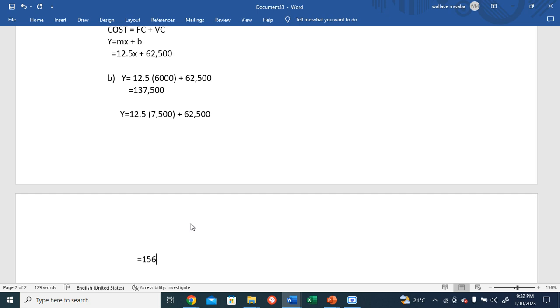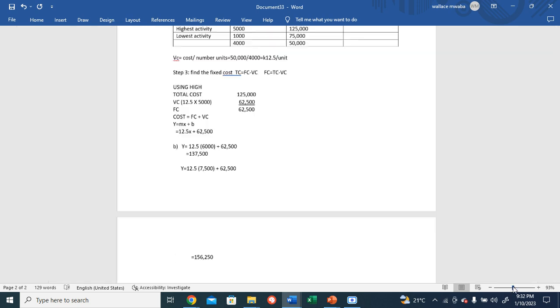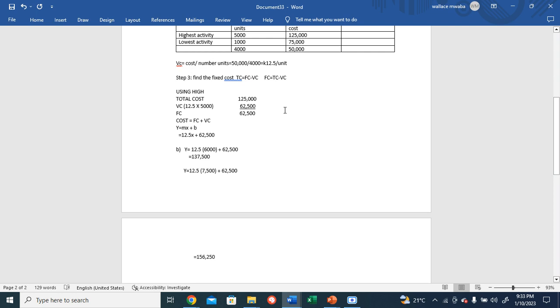So if we produce 7,500 units, we expect a total cost of 156,250 kwacha.